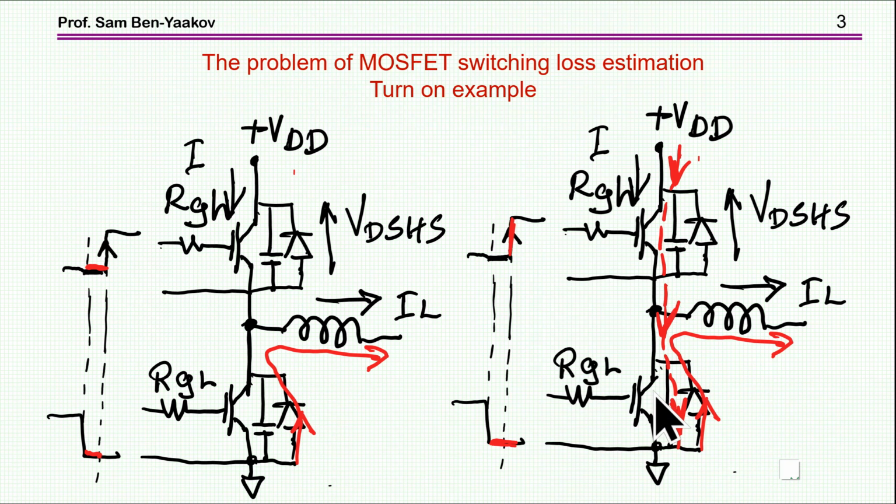This is, however, neglecting the reverse recovery, because if we consider it, then after the diode reaches zero current, the current is actually reversing, so it's extending the time until the process of the reverse recovery is finished, and then there is the commutation.